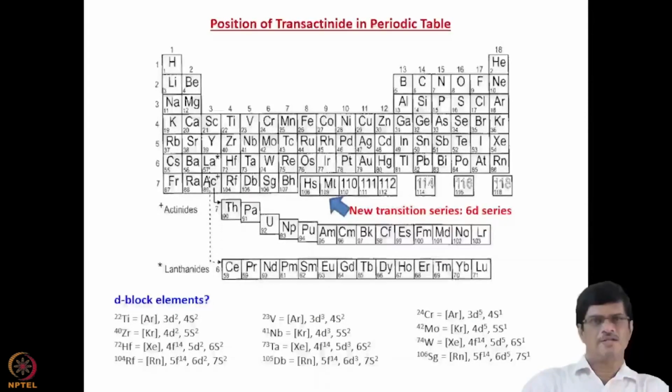Whether they are really d-block elements, you can see from the electronic configuration: titanium, Z of 22, zirconium, Z of 40, hafnium, Z of 72, and Rutherfordium, Z of 104. They have a similar electronic configuration, the d2 s2 type of configuration, all of them.